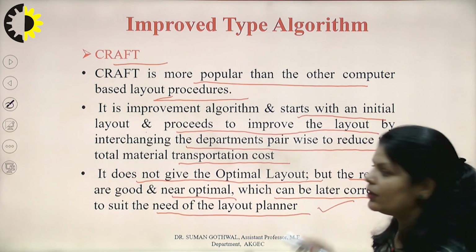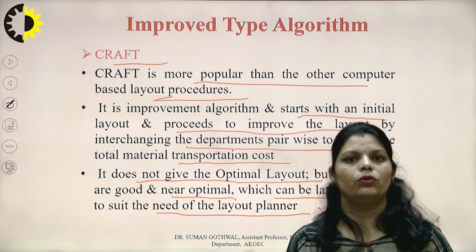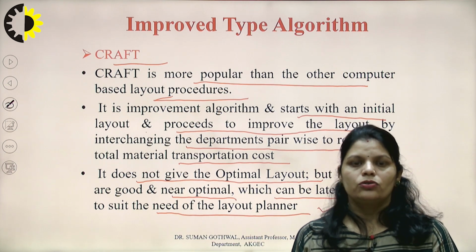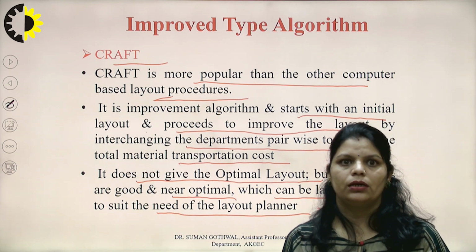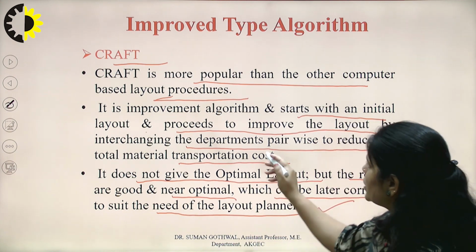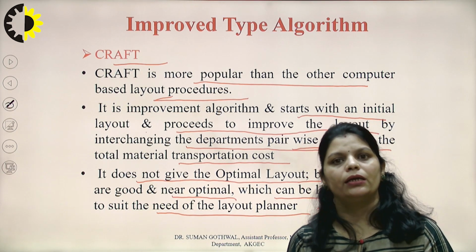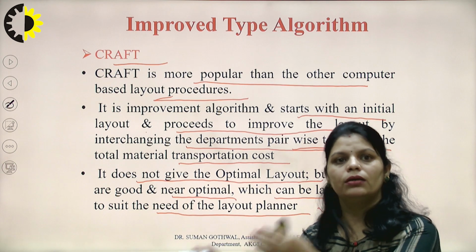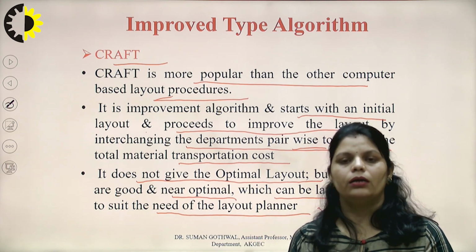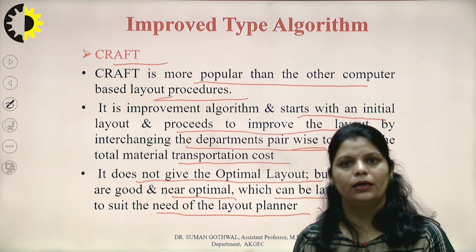So, as we have discussed, our objective is to minimize the total material handling cost or the total material transportation cost. So, in this procedure, basically the improvement in the layout is made, means we are interchanging the departments here, okay, and we are comparing the cost with the previous layout, and we will repeat this step until we can minimize the total material handling cost.